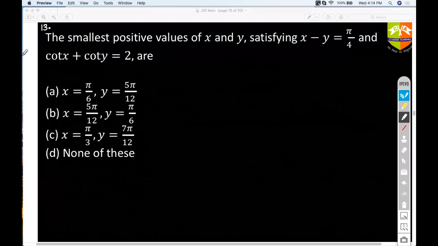I think you can look at the options and then you can see where you are getting that x minus y is equal to pi by 4. That would be a better way to solve this.